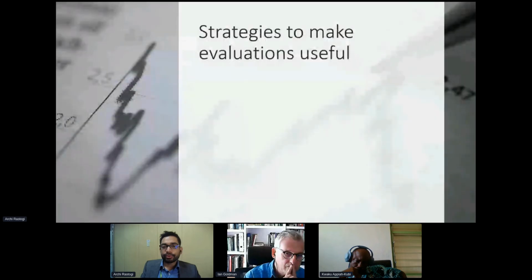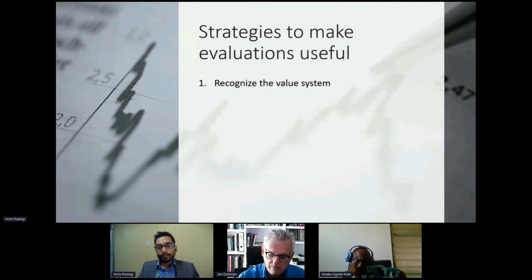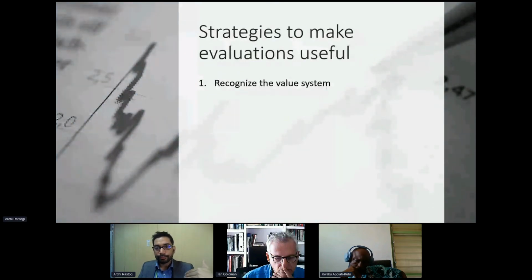With that, I'm proposing 5 strategies to make evaluations extremely useful to decision makers. Firstly, I'm proposing that as evaluators, we should recognize the value systems right from the beginning. Once we recognize that we operate within the paradigms of a value system, this helps to clarify to the users of these evaluations what the value systems are within which we are operating.